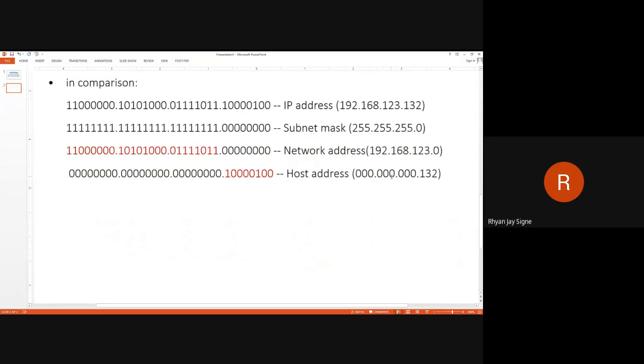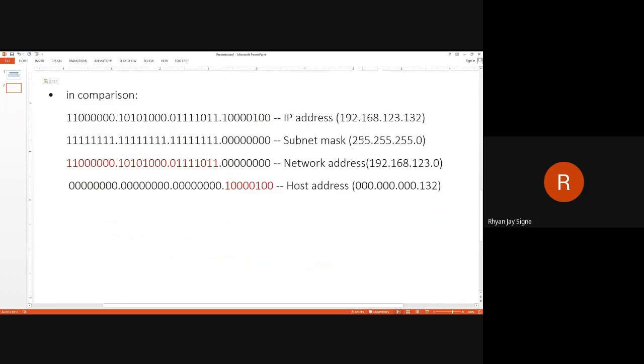Okay, this is in subnetting. Why is 255 equal to 1? When you convert it to binary form, all bits are set to 1, so 255 is a series of eight 1s. That is the decimal form, in contrast to our example IP address in binary form.